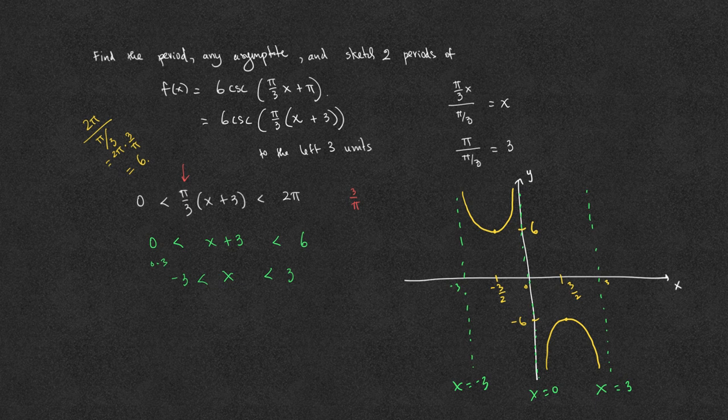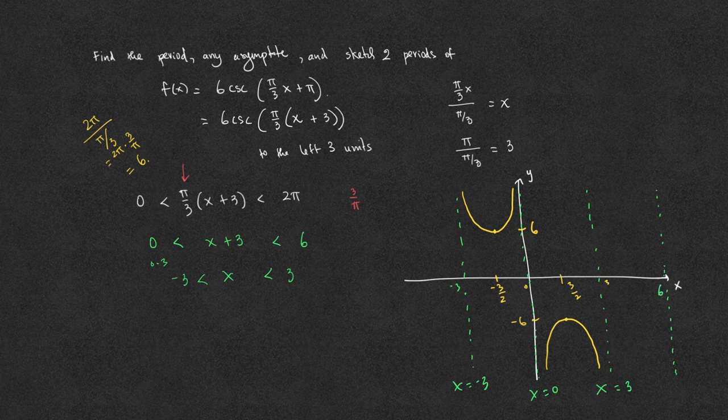We're asked to graph two periods. This is only one period, and so we would either go to the left or to the right, or we would add half of the period on the right and half of the period on the left. Going from x equals 3 to x equals 6 would give us half of the period, because half of the period goes from 0 to 3.